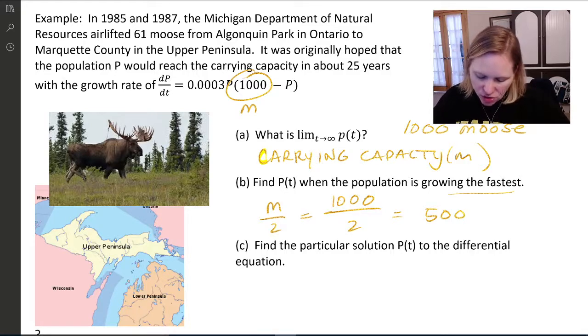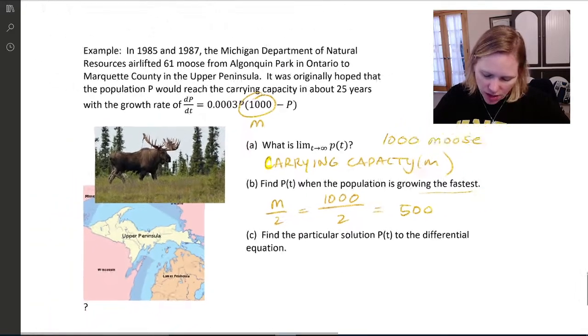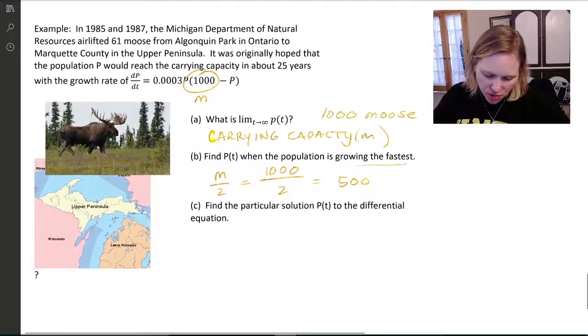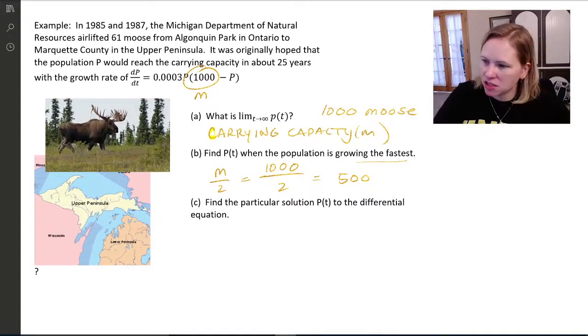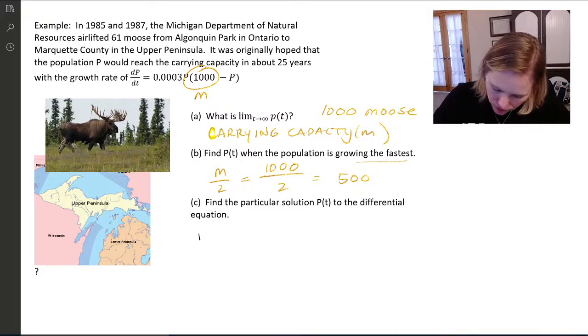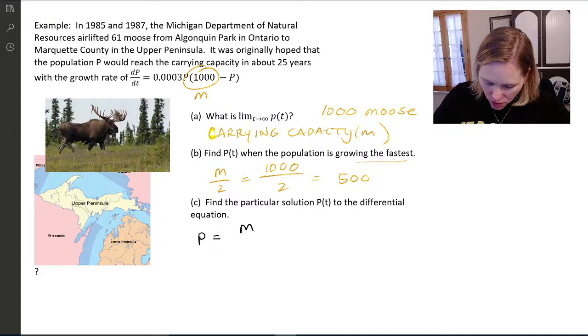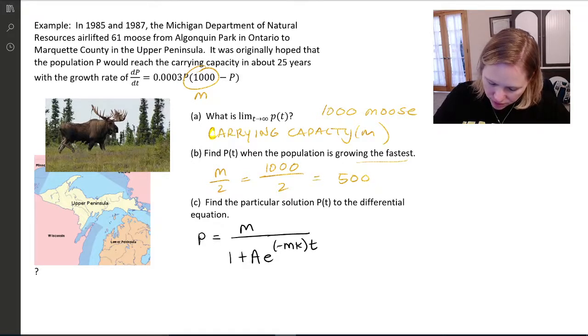Find the particular solution. Okay, here's where we're going to have to remember the equation. It looks like this. You're going to use P equals M over 1 plus A e to the negative mkt. All right, let's start plugging things in.